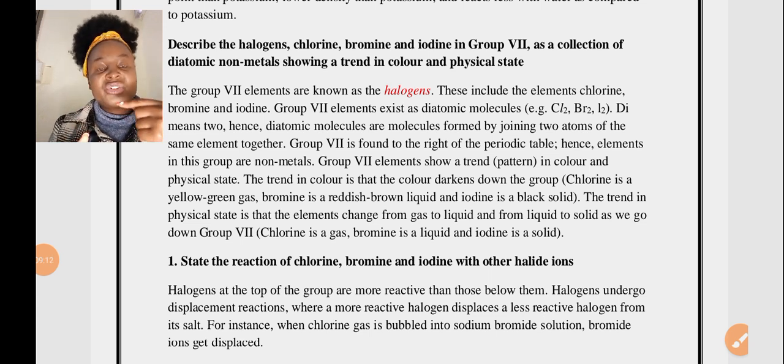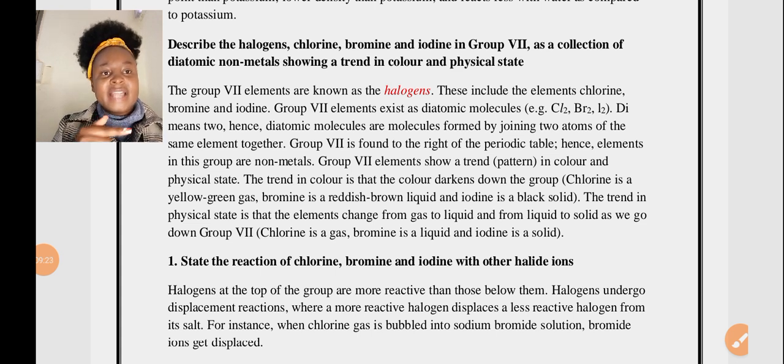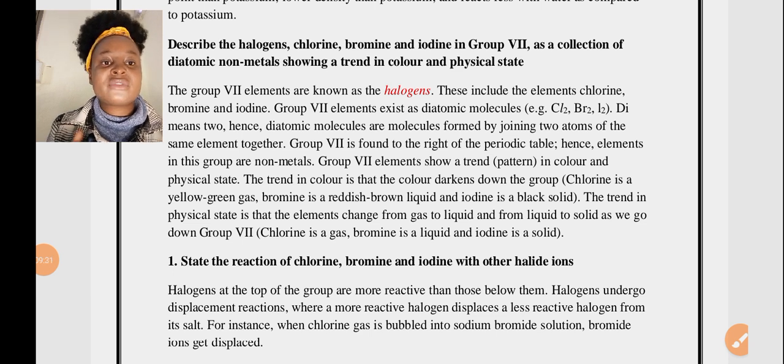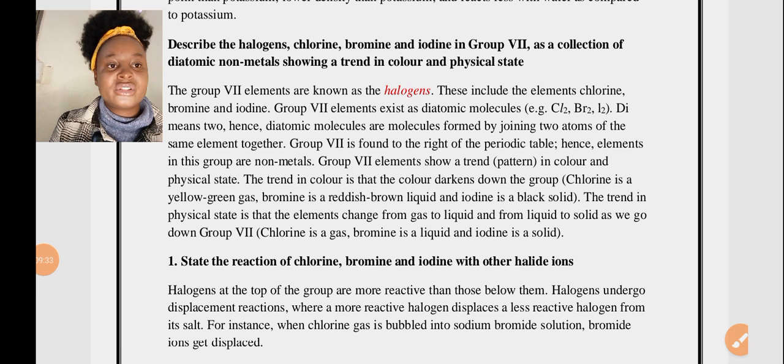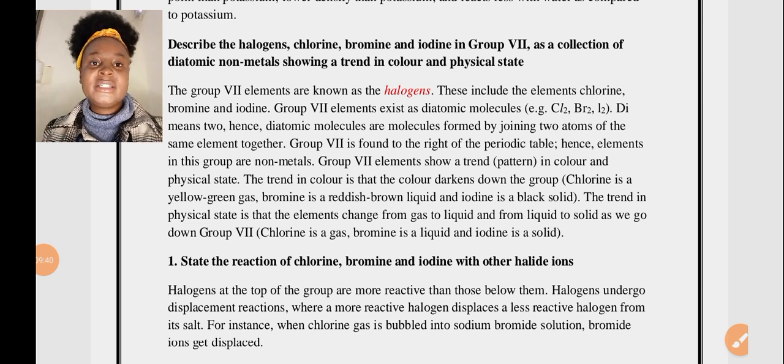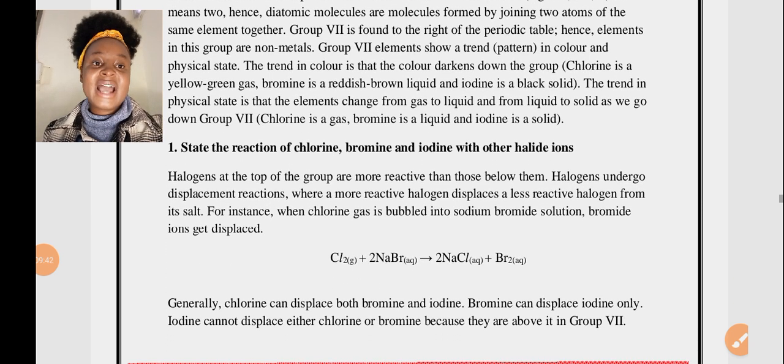Yellowish green gas, that's chlorine, followed by a reddish brown liquid of bromine, and then the solid iodine, which is a black solid as you go down. So the trend in physical state is that the elements change from gas, liquid to solid as we go down the group. Chlorine is a gas, bromine is a liquid, and iodine is a solid. And these guys are colorful.